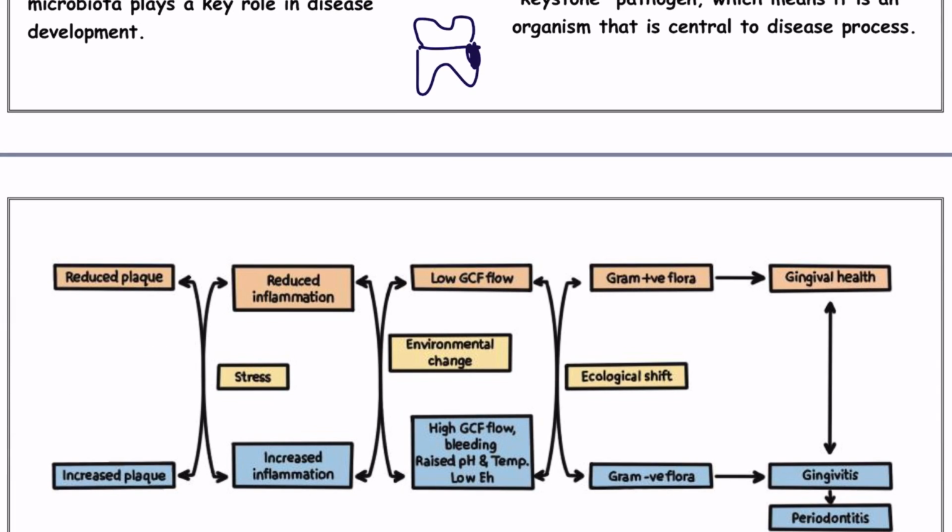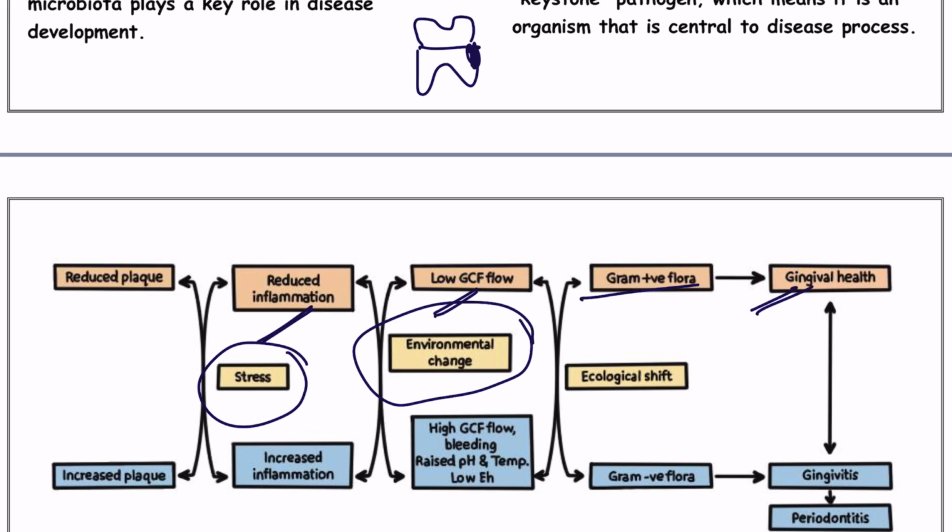If there is reduced plaque, there will be reduced inflammation, and then low GCF flow. So there will be more gram-positive flora, the normal flora, and good gingival health. But if because of any environmental or other factors there is a change, that is the ecological shift, it can lead to increased plaque.